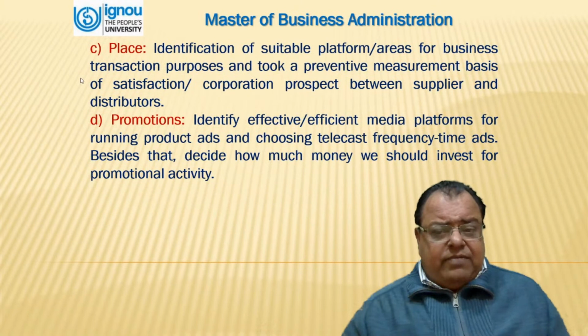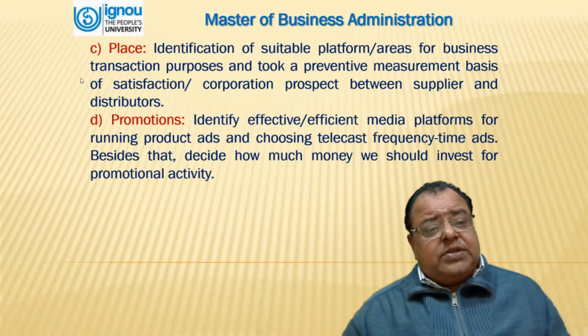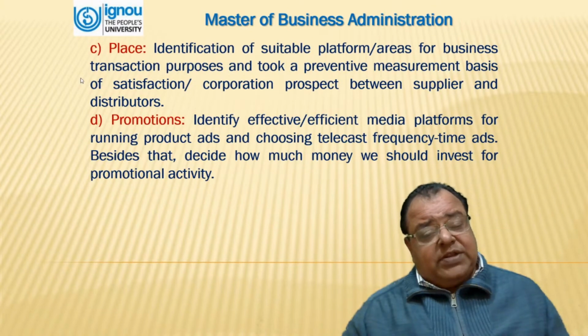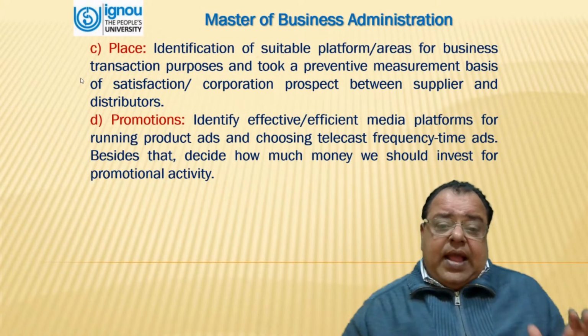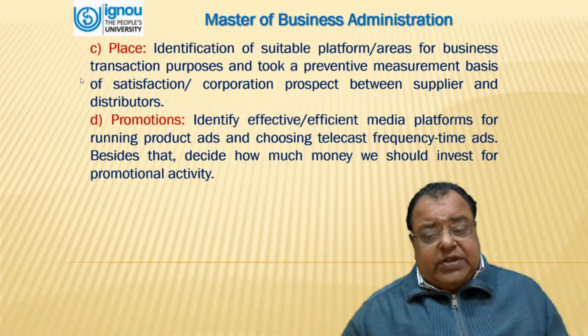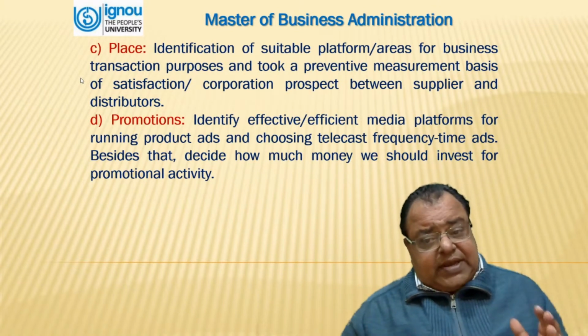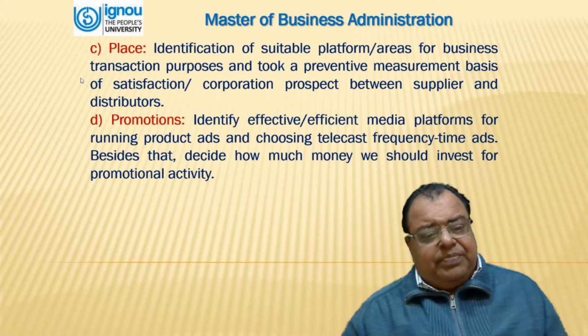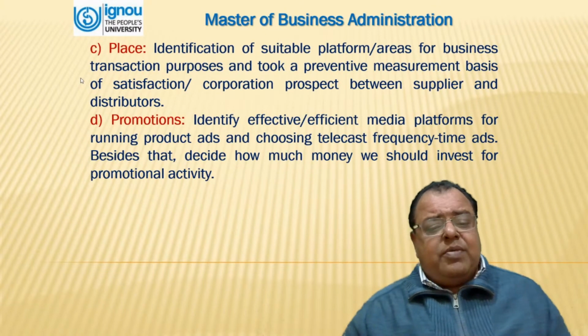Identification of suitable platforms or areas for business transactions, and taking preventive measures on the basis of satisfaction and cooperation prospects between supplier and distributors. Fourth one is promotion. Identify effective, efficient media platforms for running product ads and choosing the telecast frequency and time of ads. Besides that, decide how much money we should invest in promotional activities.